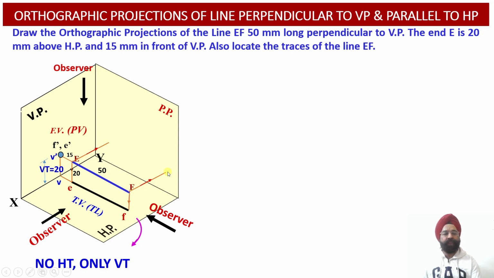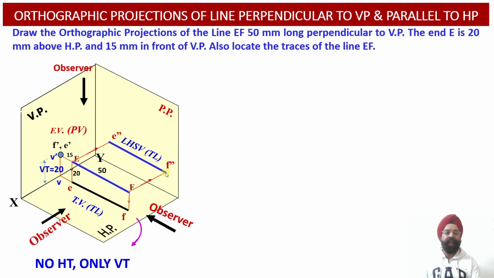Point F will be projected onto the profile plane at point F double dash. So E double dash and F double dash have been obtained in the profile plane. Now we can join the E double dash point with the F double dash point, and we will obtain the true length projection of the line in the left hand side view, obtained in the profile plane.